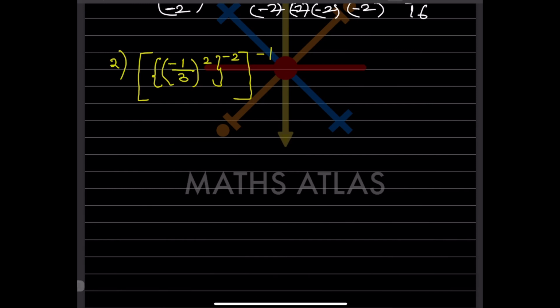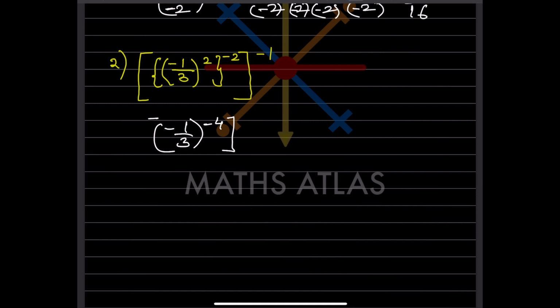Now let us look at this one. Whenever we have, you can see the exponents are in 3 places. So first thing we will look at the inner bracket. So here what are you going to do? Minus 1 by 3, and this is going to be minus 4, and then you are going to take the outer bracket.